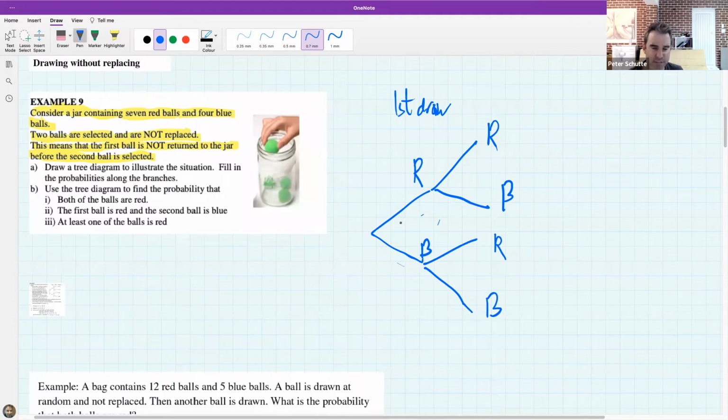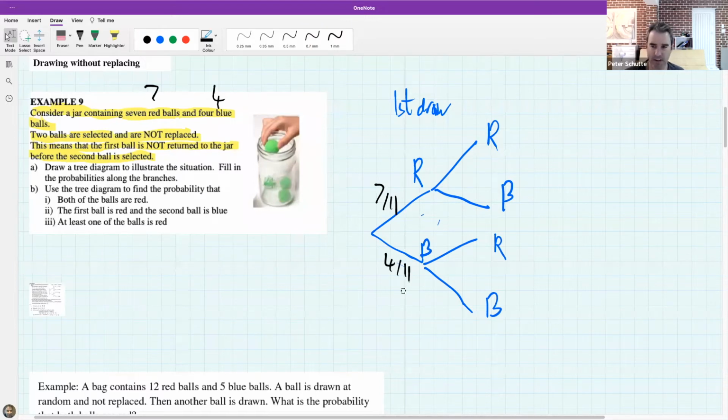Okay, it doesn't get affected because you haven't taken anything out yet. So what's the probability of getting a red? It's just going to be 7 out of 11, because there were 7 red and there were 4 blue. So the chance of getting a red is 7 out of 11 and blue is 4 out of 11.